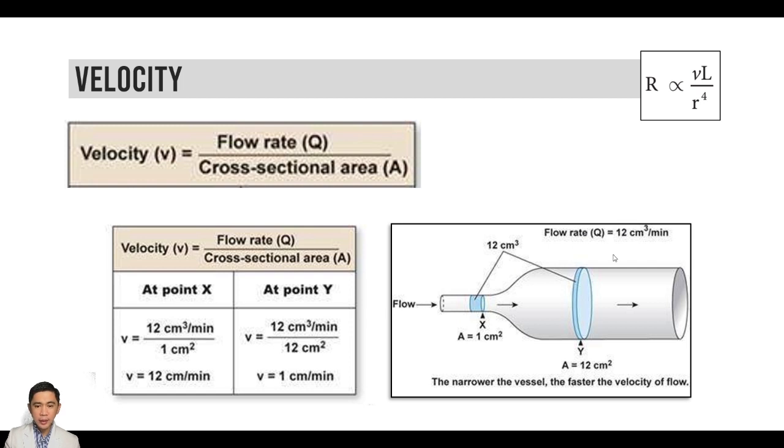Now, if we divide the flow rate by the area of that vessel, we will have the velocity of 12 centimeter per minute at point X, but only 1 centimeter per minute at point Y. Therefore, vessels with a smaller cross-sectional area will have a higher velocity than a vessel with greater cross-sectional area. The smaller the cross-sectional area, the faster the velocity of flow.